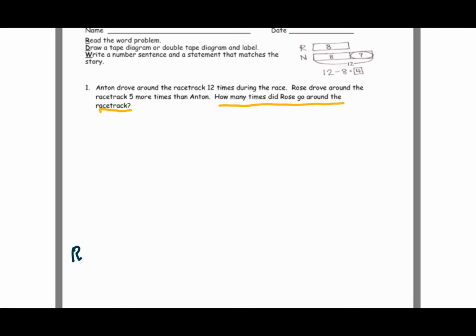Rose went around, and I don't have to work hard for all of these words to spell because they're all in your story. So Rose went around the racetrack. Racetrack is a compound word, 2 little words, race and track. Ooh, I'm going to squeeze it in.